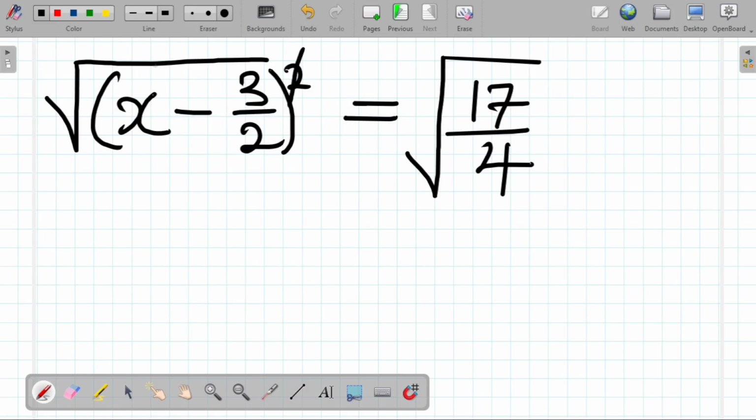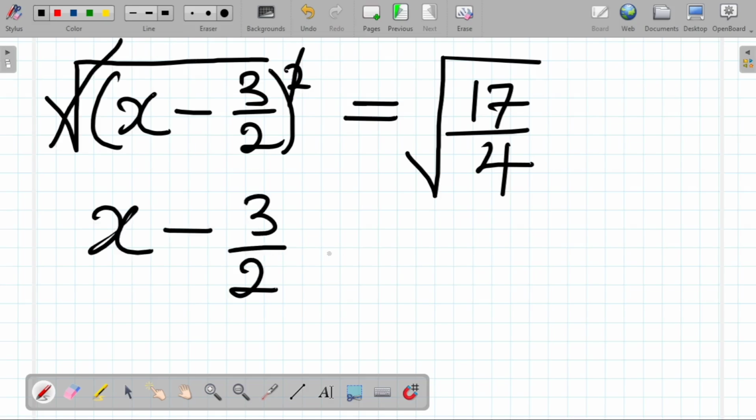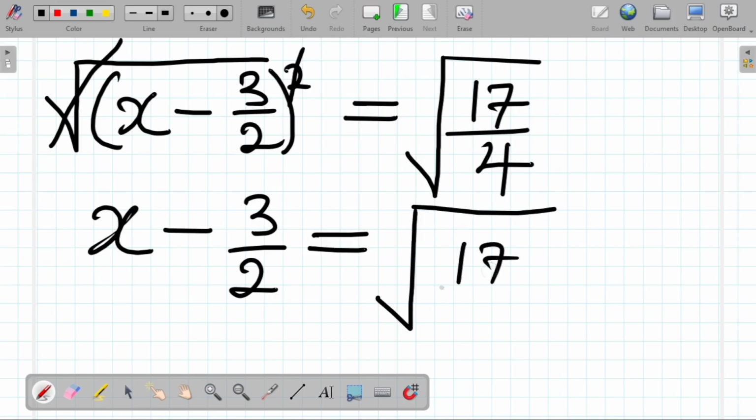So the square root cancels the square. We are left with x minus 3 all over 2 is equal to square root of 17 all over 4.